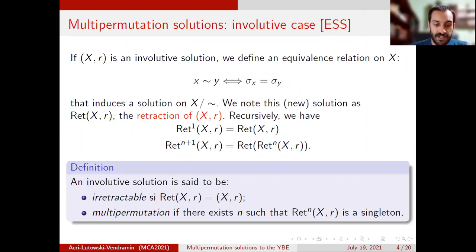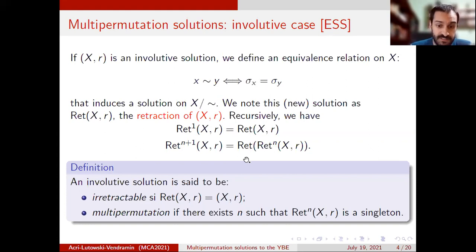So we can define recursively the nth retraction of a solution by taking the retraction of the retraction. We will say that the solution is irretractable if the retraction is just the same, so all sigmas are different.